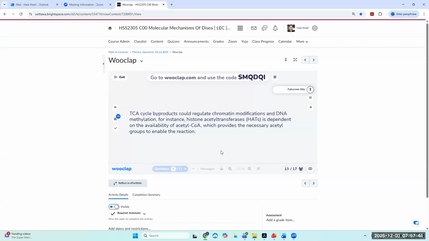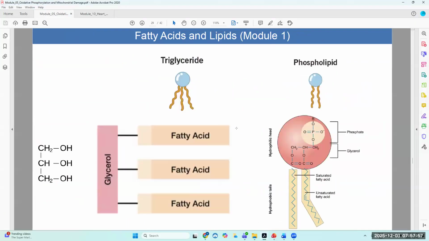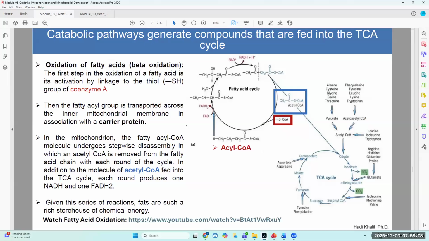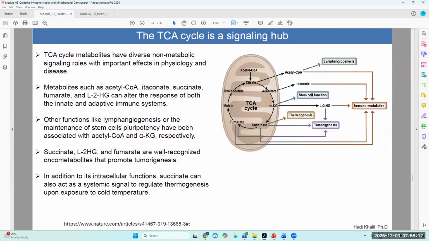Okay, this is true, and the proof is here. We discussed the TCA, the steps, and then the function or the outcome, right?